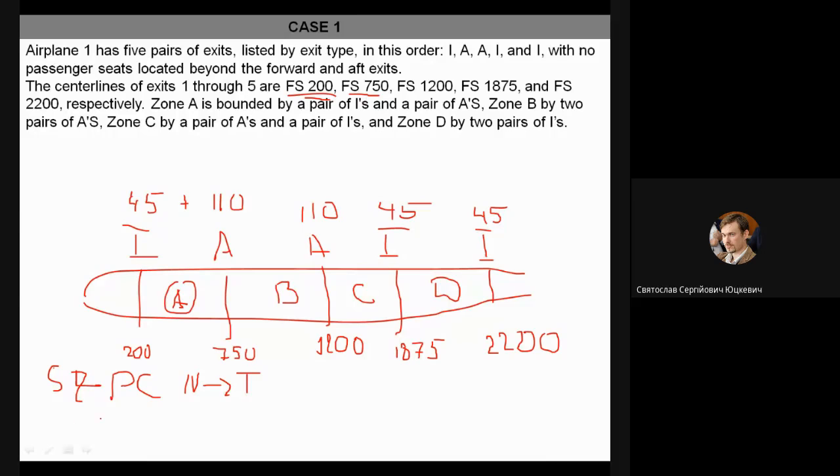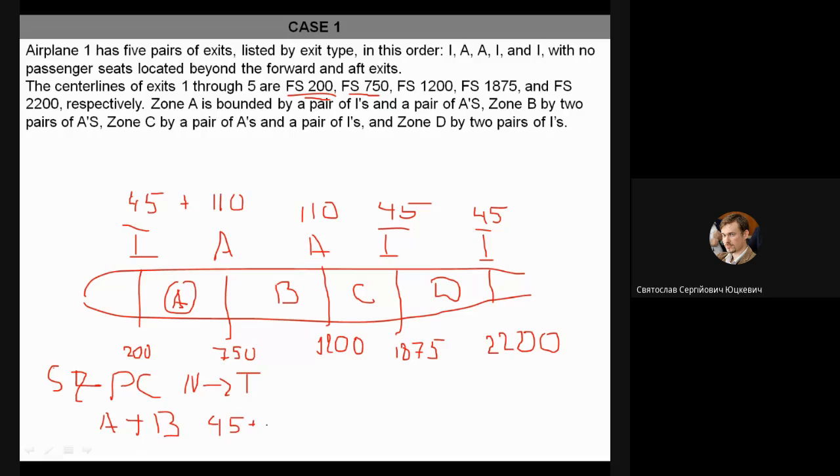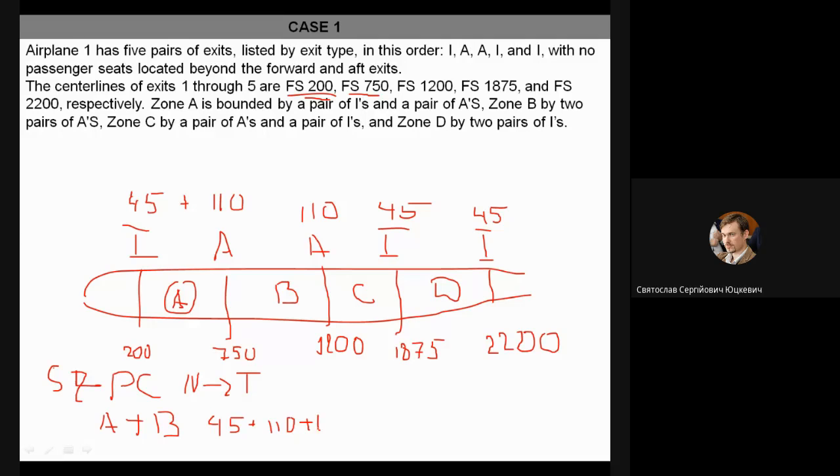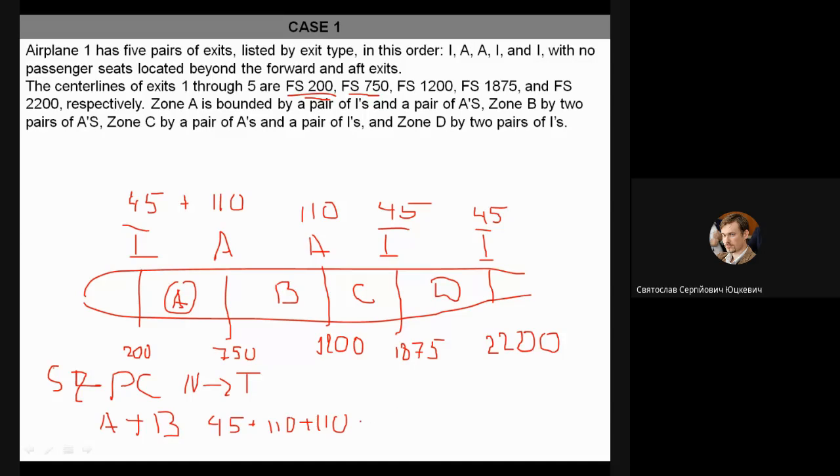First one is A plus B. It will be determined as next: 45 plus 110 plus 110. 265.